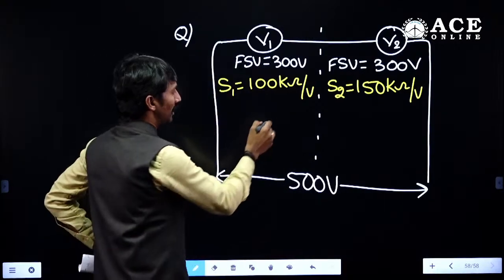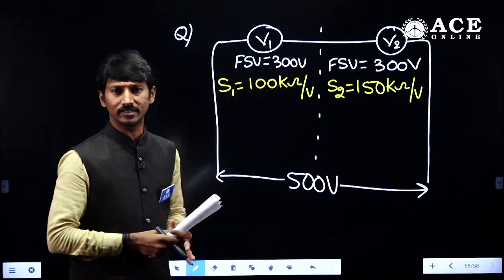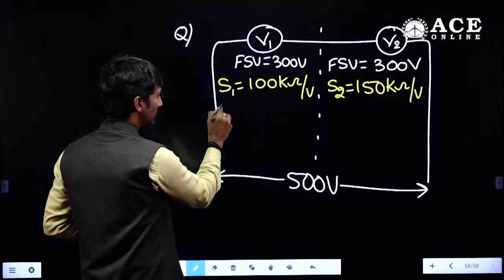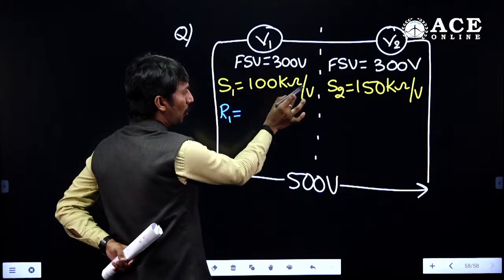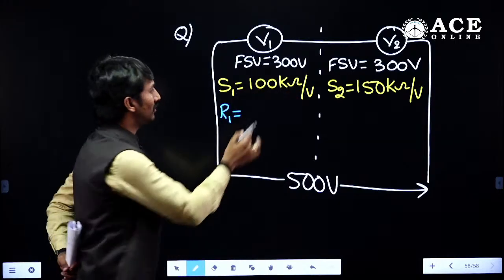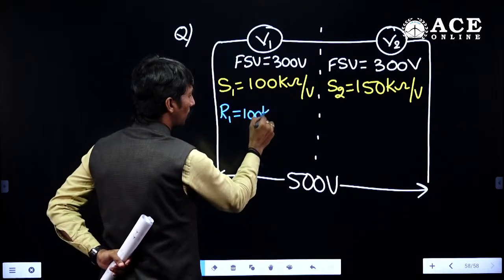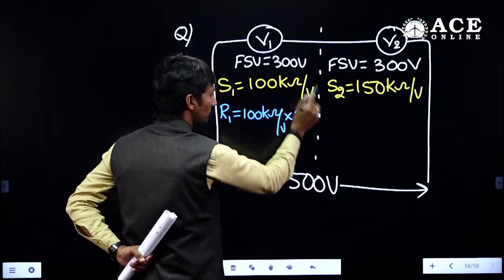Now, in order to proceed further, let us find out the resistance of the meters. So what is the procedure for calculating resistance of the meter? Resistance of meter 1 is equal to, 100 kilo ohm is given for 1 volt. For 300 volt, how much? So multiply 100 kilo ohm per volt into 300, the full scale value.